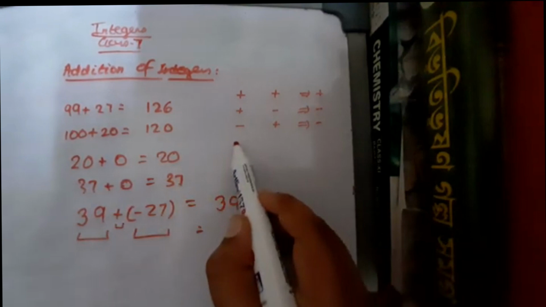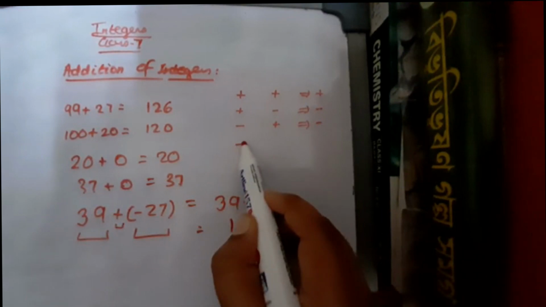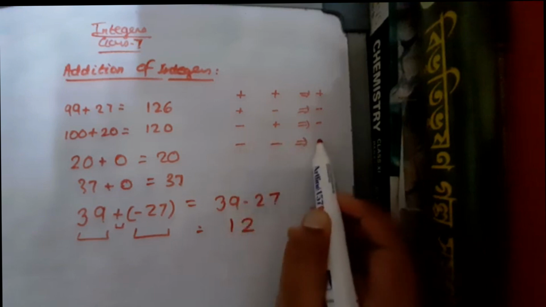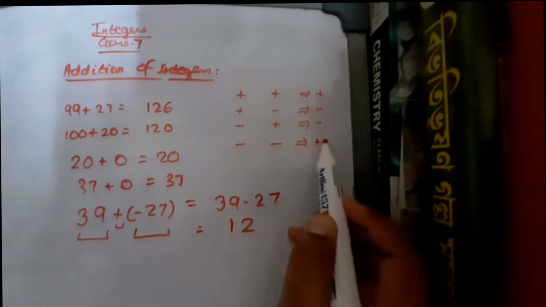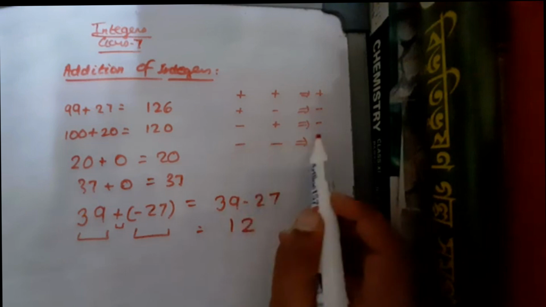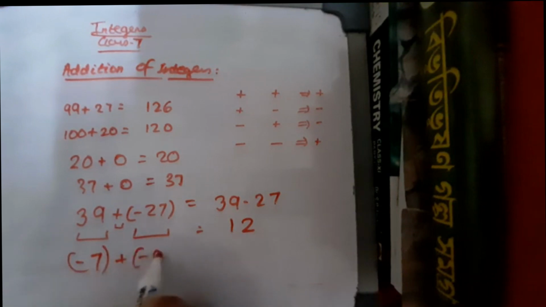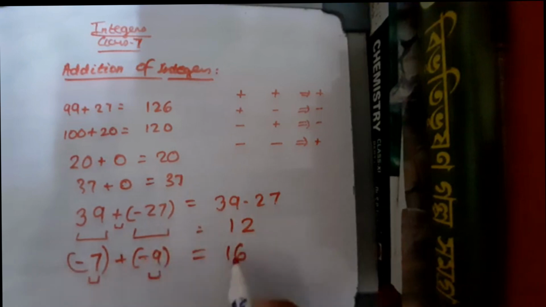When you have to add a negative integer and a negative integer, you have to again do the addition operation, but this time you have to put a minus sign in front of the result obtained. For example, minus 7 plus minus 9. What you will do is add 7 and 9, which is 16, and you will put the minus sign in front of 16.